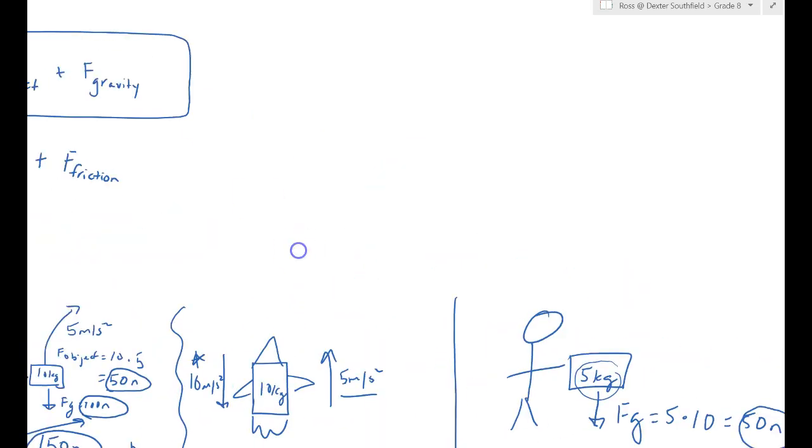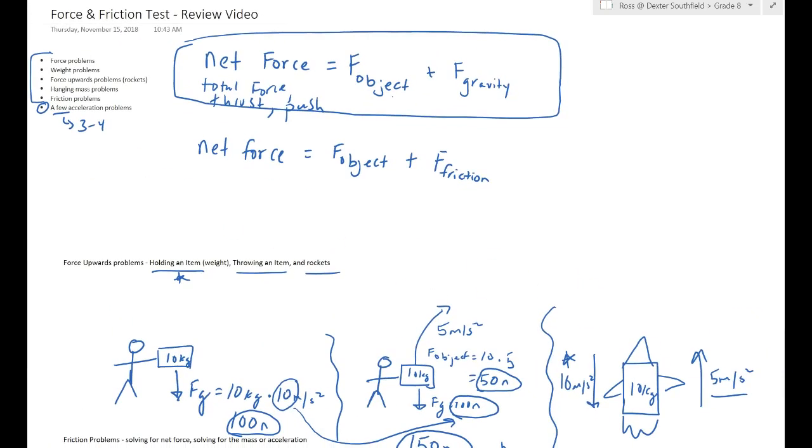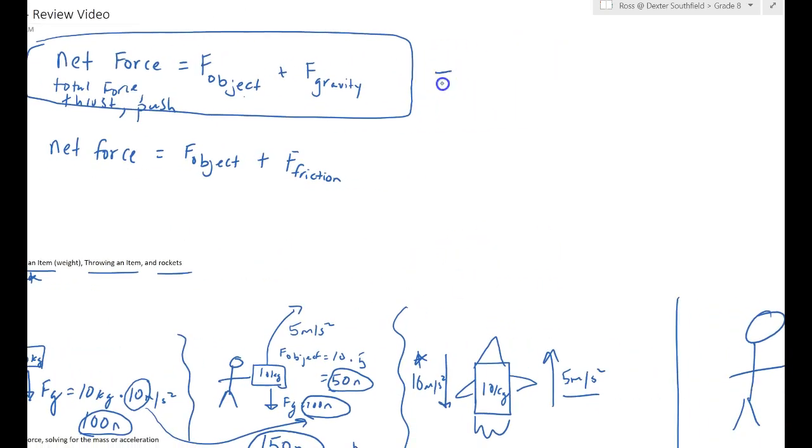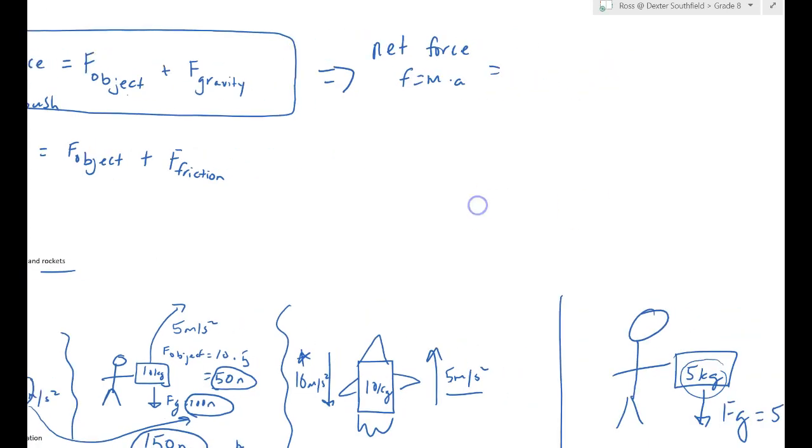No matter what, we know with this net force equation, if we're going to write this differently, net force is going to equal the force of the object, F equals m times a, plus the force of gravity, which is going to be F equals m times 10, assuming we're on Earth, right?